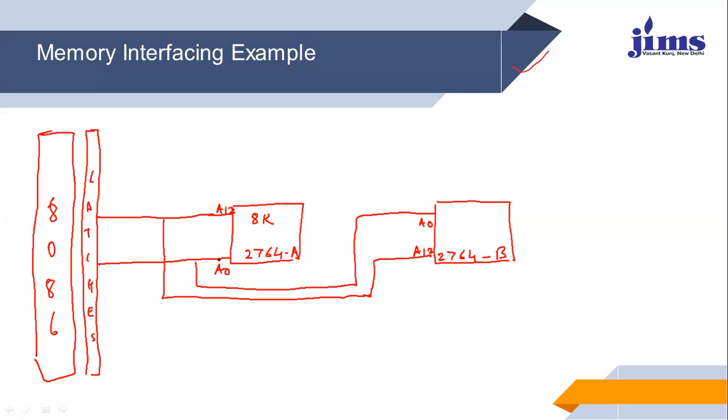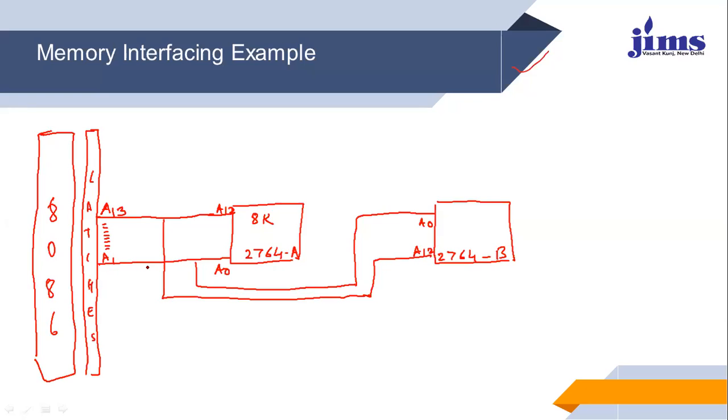But mind it, A0 is connected to A1. Tell me why. A0 is connected to A1, A12 is connected to A13. And my line A0 will be connected to, tell me where?